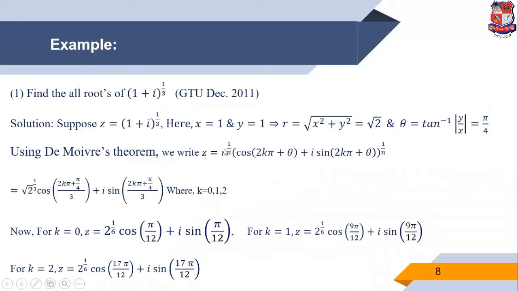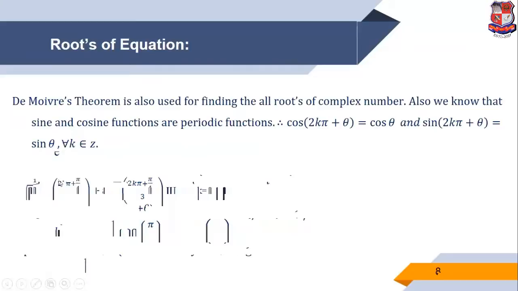Now we take an example. First example: find all roots of 1 plus I raised to 1 by 3. We want to find the roots of this complex number. So first we consider z is equal to 1 plus I raised to 1 by 3. Now we compare this complex number with the previous slide.